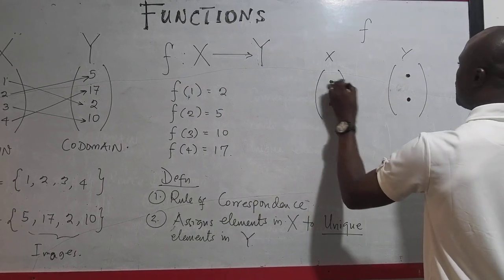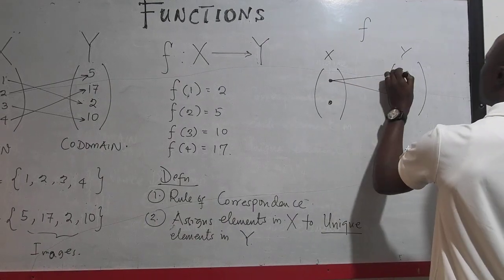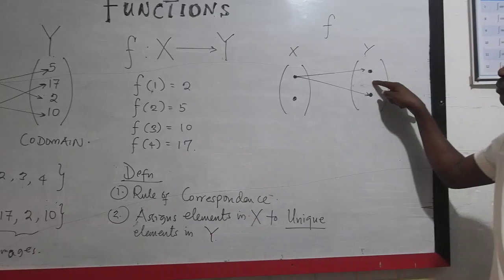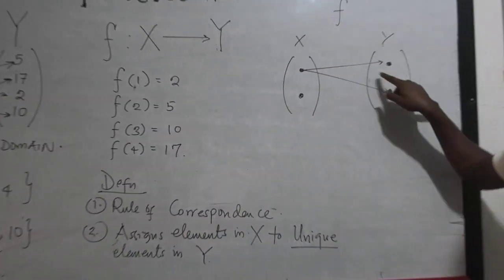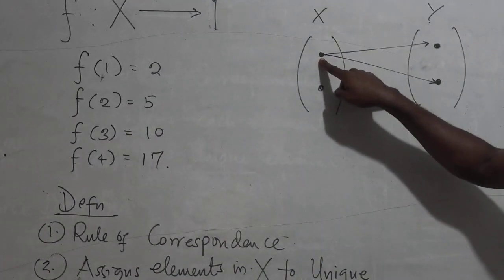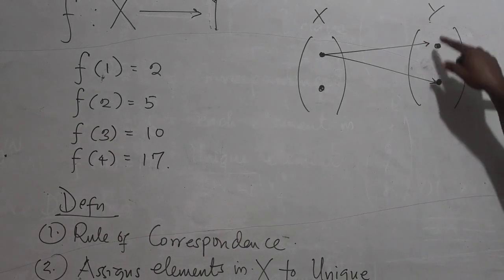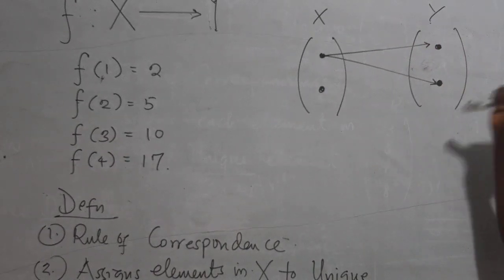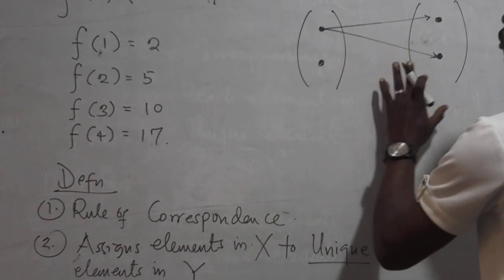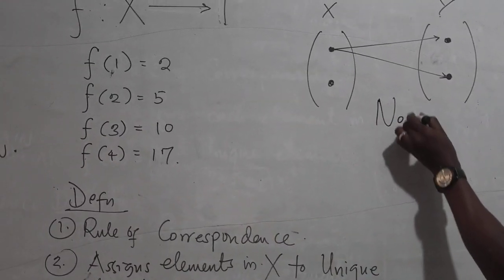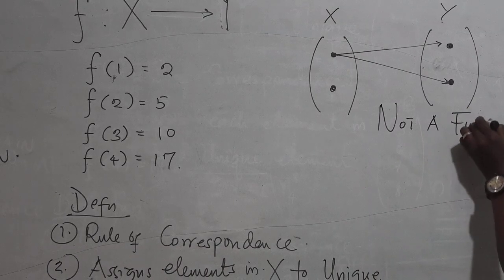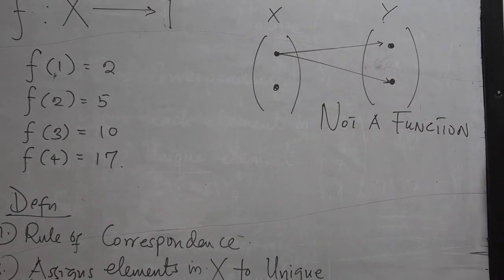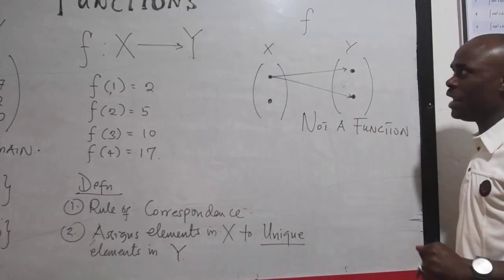If we have this mapped to this and this mapped to this, this cannot be a function. This is not a function because this element is not mapped to a unique element, it's mapped to different elements here. So we must always have an element here mapped to a unique element here. Anything of this nature is not a function because you cannot have one element being mapped to 2 elements here. That is not allowed.